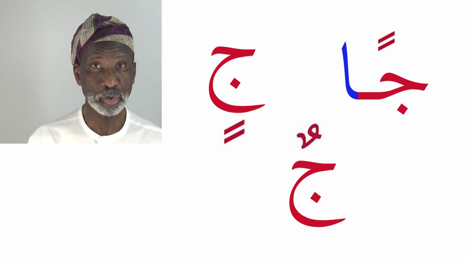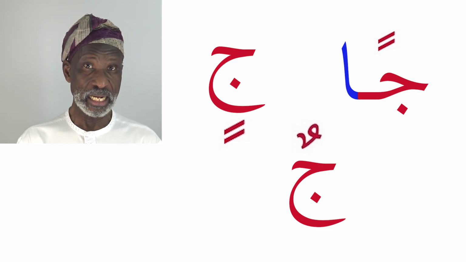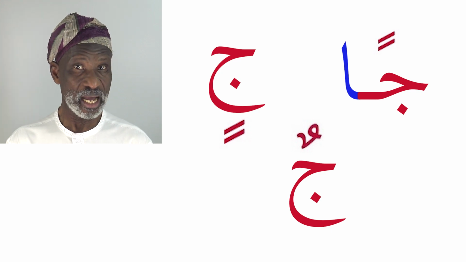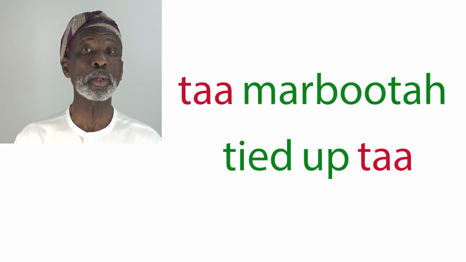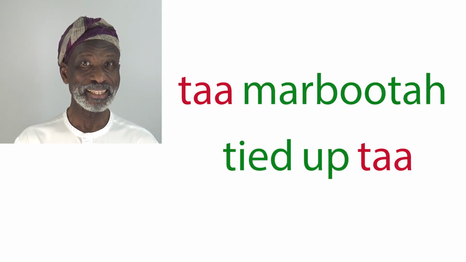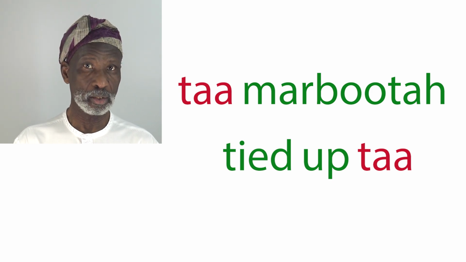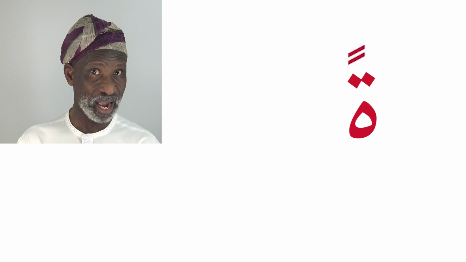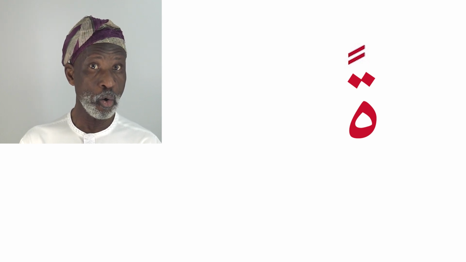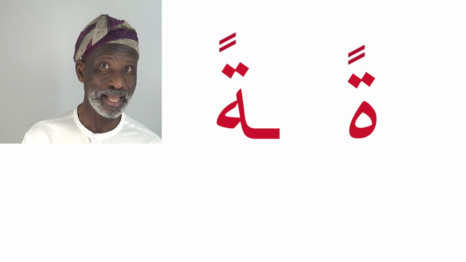The only exception to that is when we have tenween fatha on ta marbuta, the tied-up ta, not the open ta, which can be written like this, or in the joint form like this.